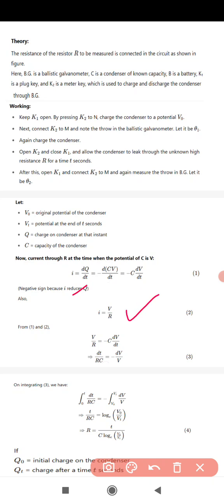I is equal to V by R, Ohm's law, which we know. Substituting these two equations, I is equal to V by R, we get V by R equals minus C into dV by dt.